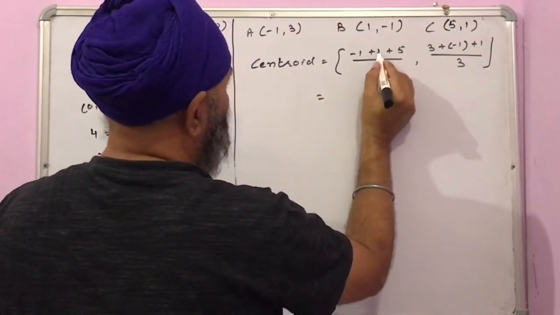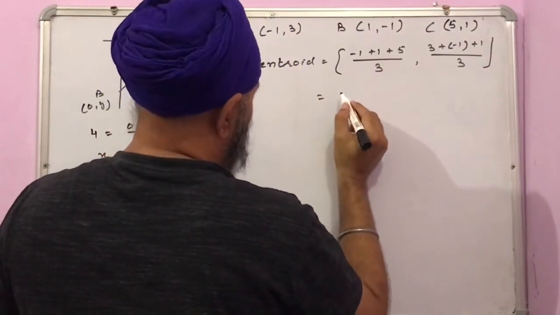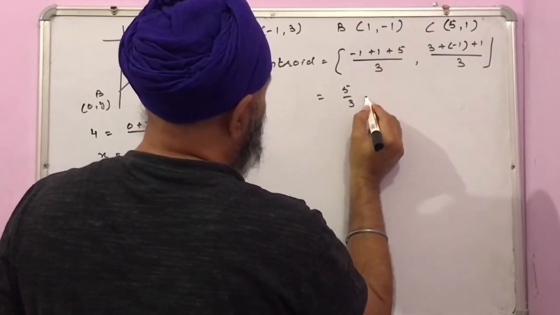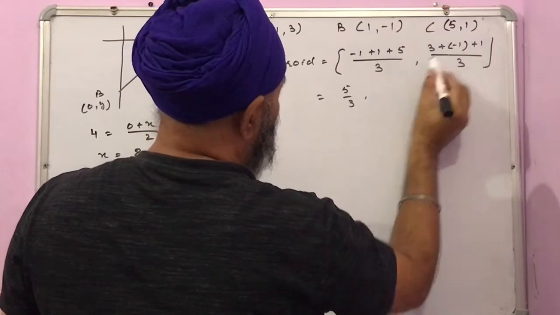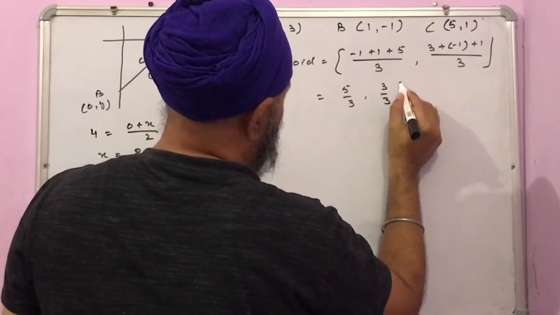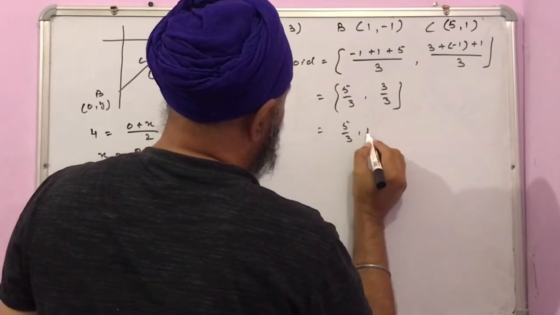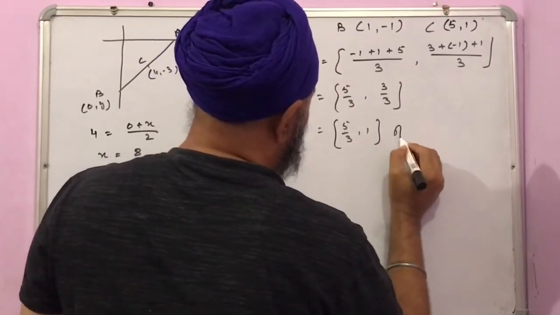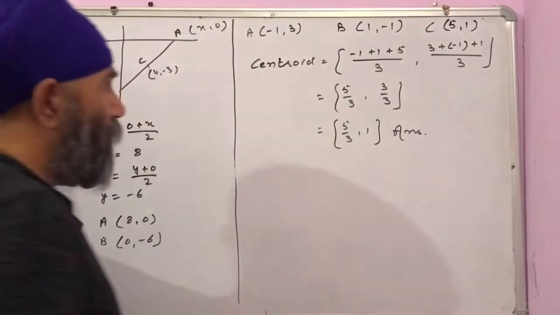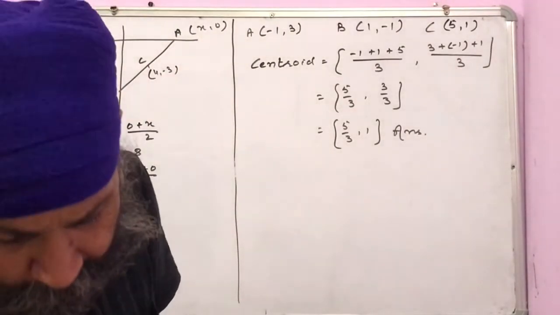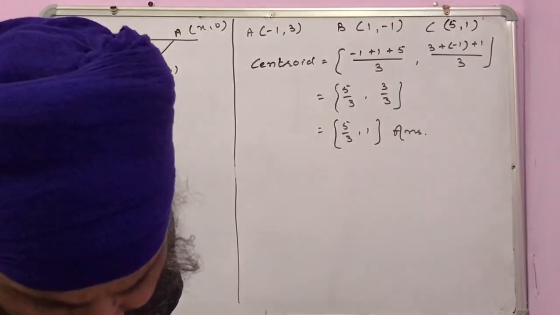That is 5 plus 1, 6, 6 minus 1, 5, 5 by 3, 3 plus 1, 4 minus 1, 3 by 3. So it is (5 by 3, 1). This is the answer. It is a formula for finding the centroid of a triangle.